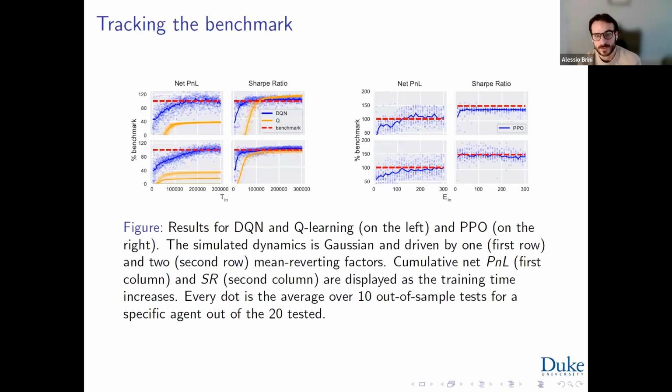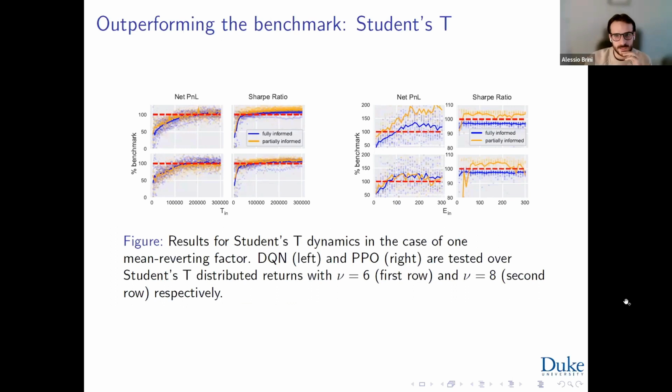So moving on, what happens if you perturb the market, as we said? If instead of simulating the data according to a Gaussian distribution, we simulate them according to a Student's t distribution with a couple of choices of degrees of freedom. So we simulate a return distribution which is much closer to the assumption of heteroscedasticity, where you have fat tails.